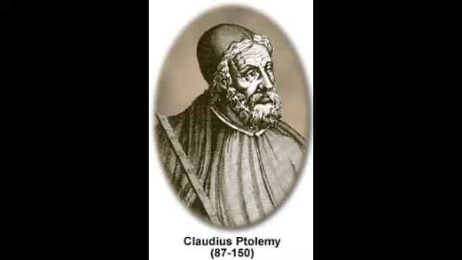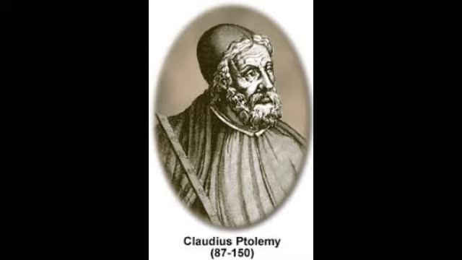Ptolemy was considered the second father of geography. Then, who was the first father of geography? Hecataeus. Hecataeus was considered the first father of geography. After Hecataeus, Ptolemy was one of the most important geographers of the ancient world.